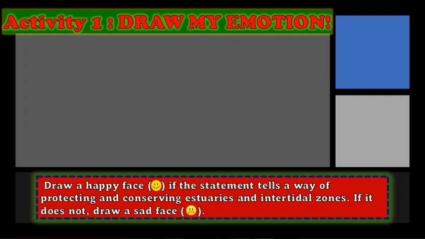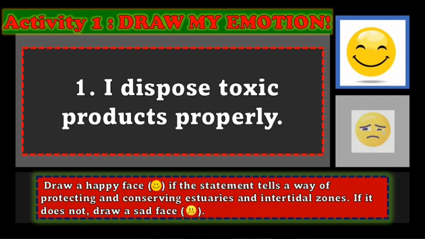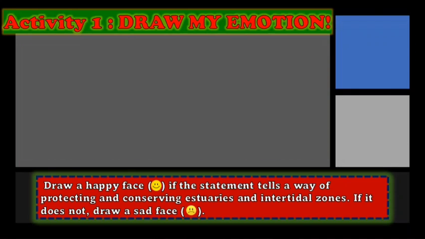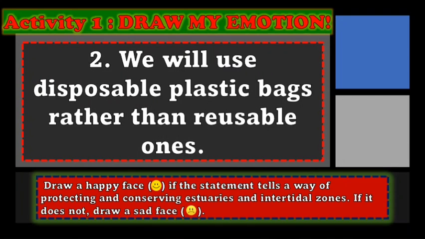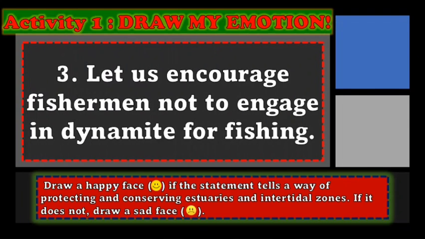So for our number 1, I dispose toxic products properly. Is that happy or sad? Next, number 2, we will use disposable plastic bags rather than reusable ones. Happy or sad? Number 3, let us encourage fishermen not to engage in dynamite for fishing.